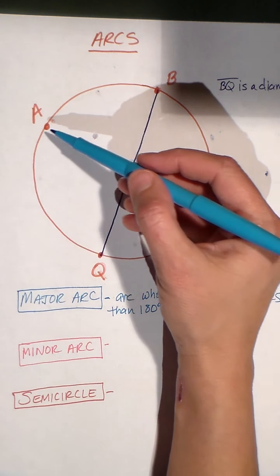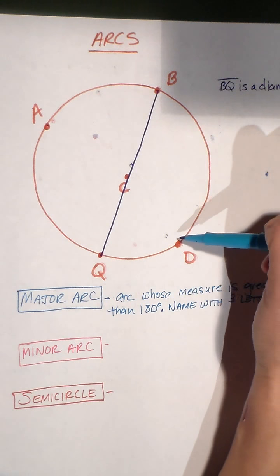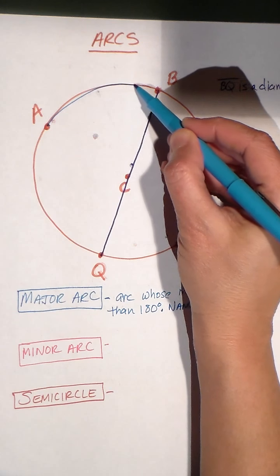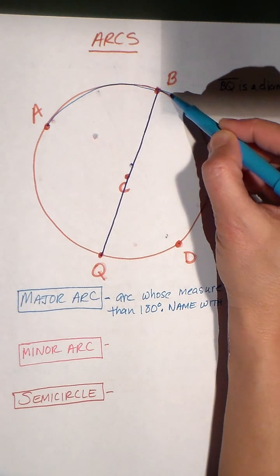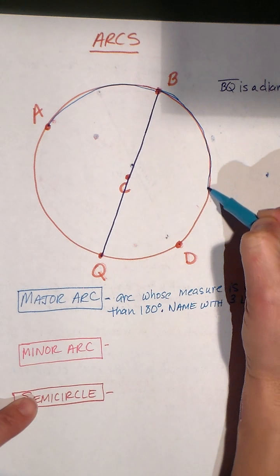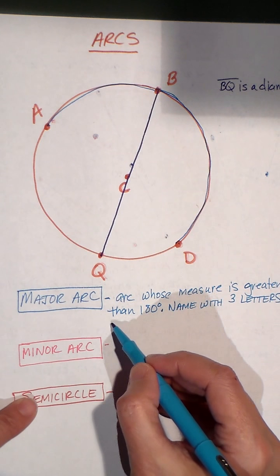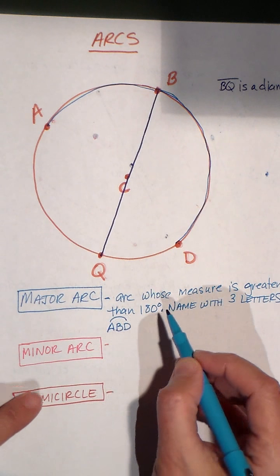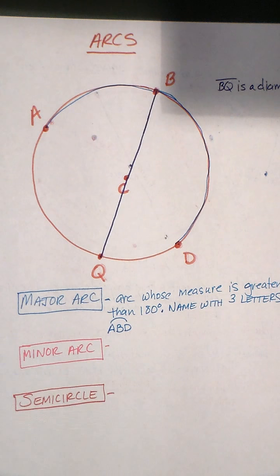So for example, A, B, D would be a major arc. If I were to go from A through B, the second point always establishes the direction, to D, that would be a major arc, and this is how I write it. Arc ABD. I could also call that arc DBA.